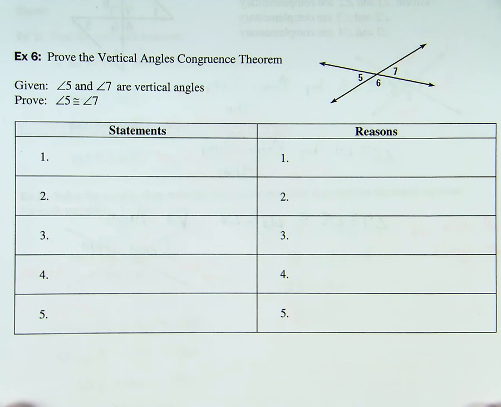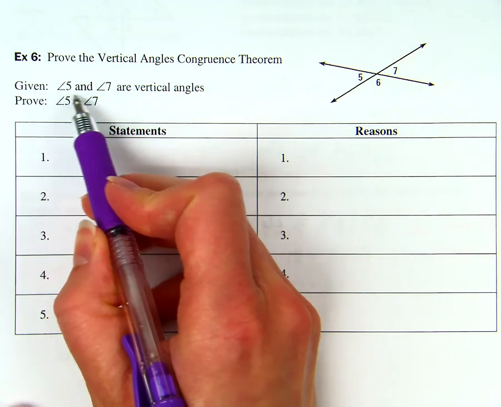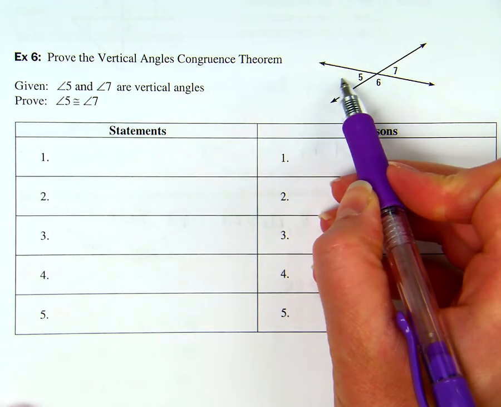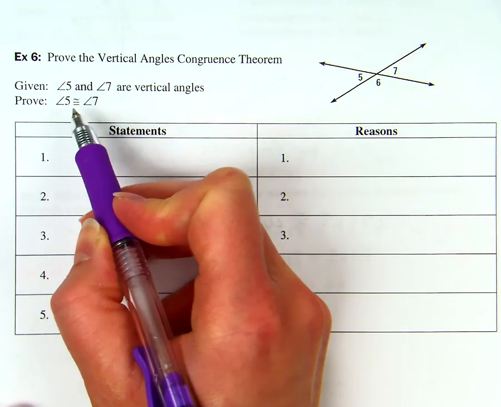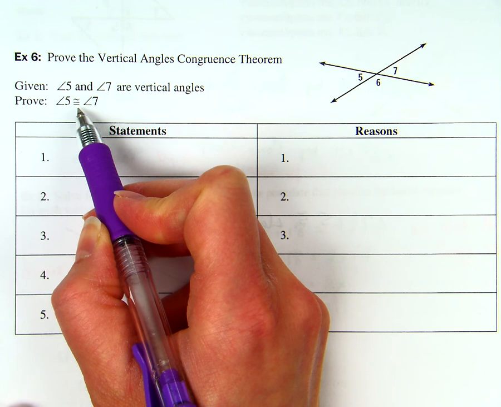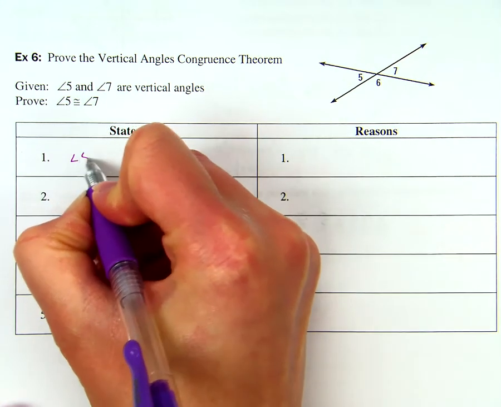All right, let's see what we know and let's see what theorems we can use. The vertical angles congruence theorem says that if two angles are vertical, which in this case, angles 5 and 7 are vertical, then we can say that the angles are congruent. So we want to prove that that statement is true without using the vertical angles congruence theorem.